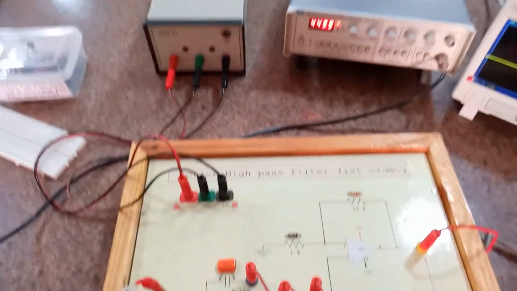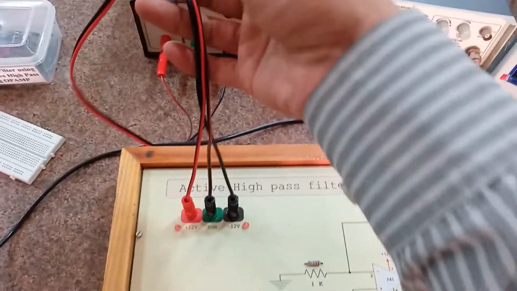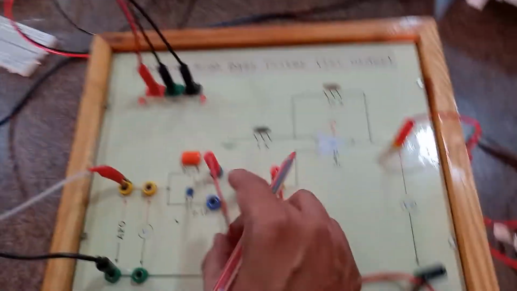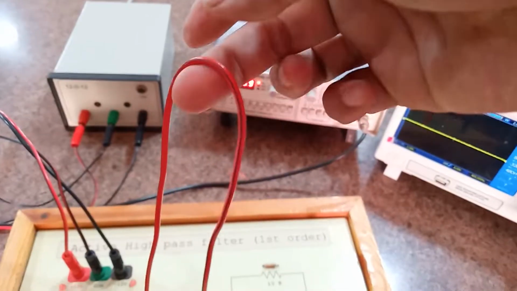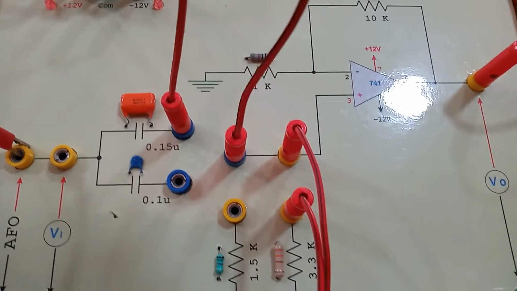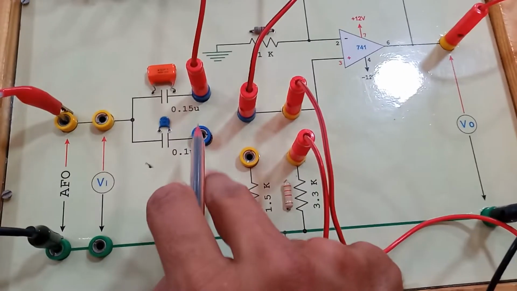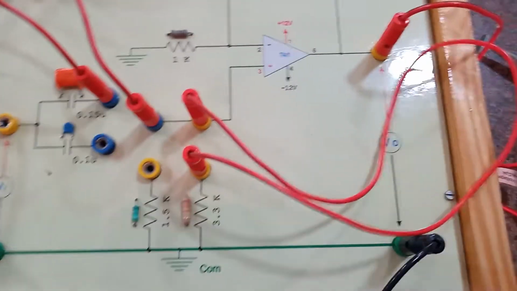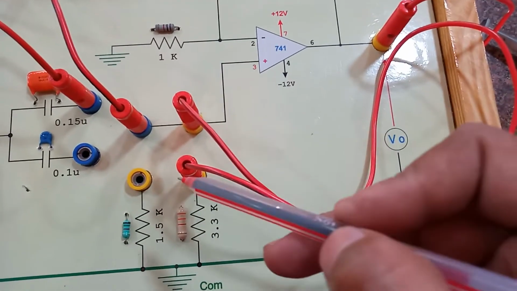Let me show you the circuit connection again. This is all connected to the 12 volt power supply. You can see I have connected the capacitor to the circuit from this point to this point. Then a resistor is there from this point to this point.